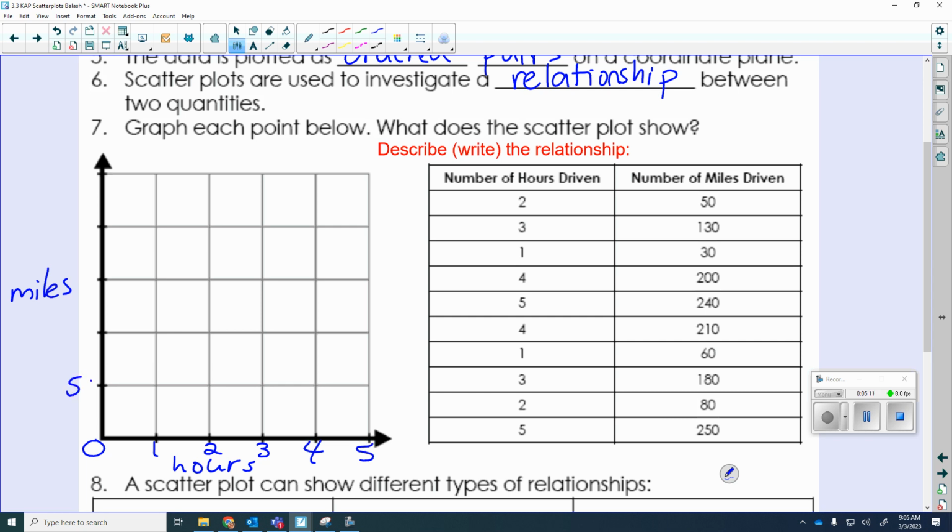So let's count my 50s. Okay. And now just take a minute to go ahead and plot all of these points. So 250, we're just going to put a dot. Okay. And then continue. 3, 130, put a dot. And obviously we don't know exactly where 130 is, but we know it's closer to 150 than it is 100. Okay.